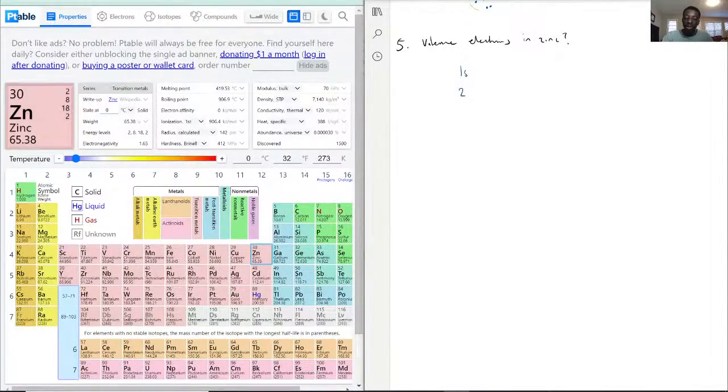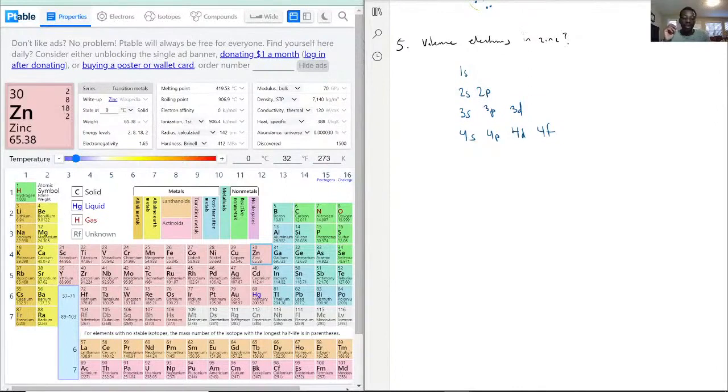We have 1s, 2s, 2p, 3s, 3p, 3d, 4s, 4p, 4d, 4f. Okay, and it keeps going, but this is as far as I'll go, just because we are trying to get to zinc. So zinc is the 30th element on the periodic table.